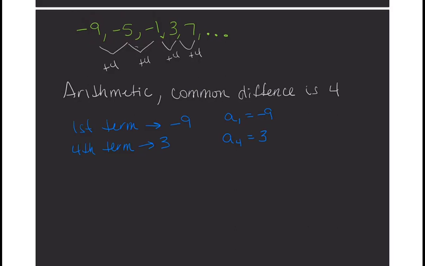What would, I don't know, what do you guys want? A to the, what term? 7th term? Let's try 7th. We won't go too far. So if I wanted to figure out A sub 7, I'm saying what's the 7th term? What's the 7th term going to be in our sequence?